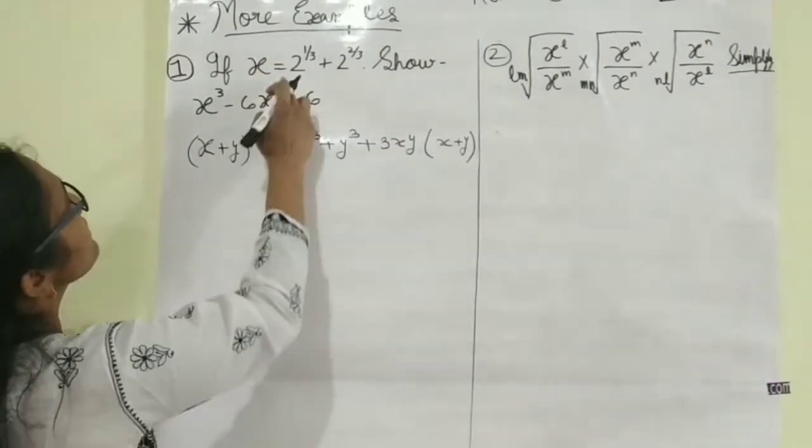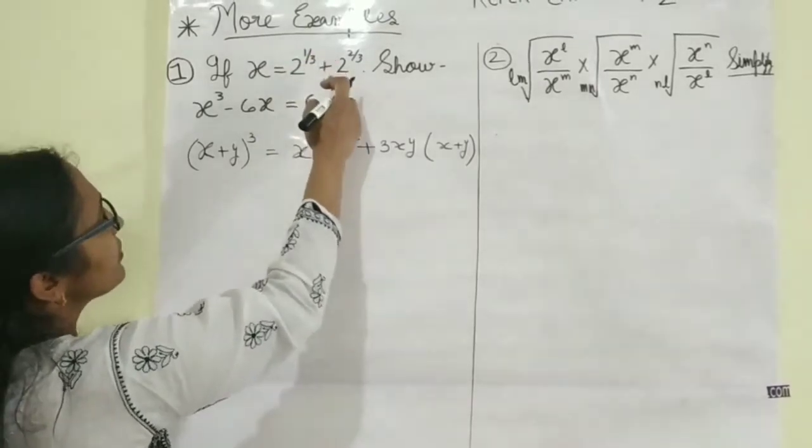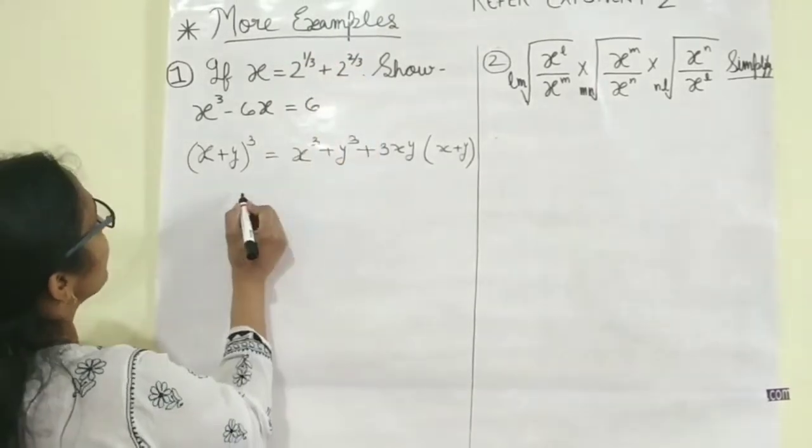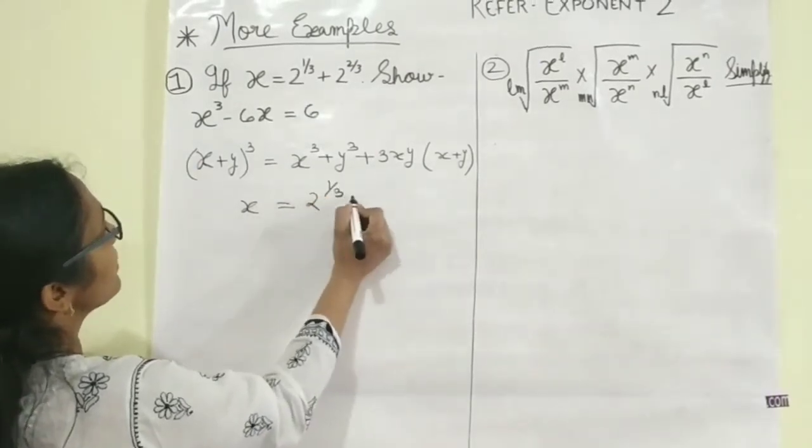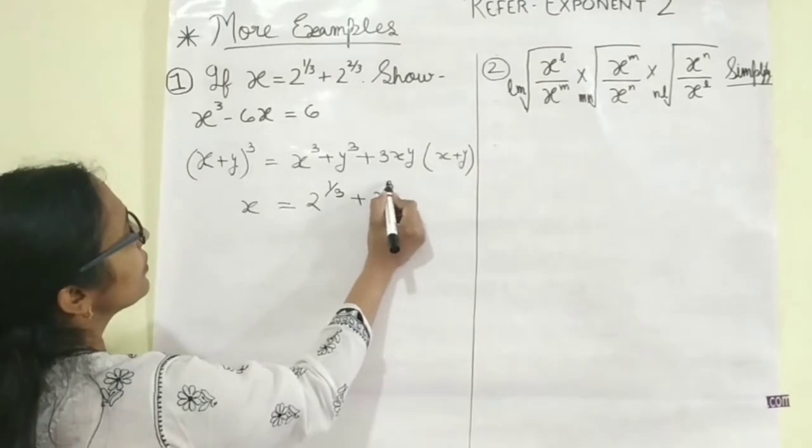So now x equals 2 to the power 1 upon 3 plus 2 to the power 2 by 3.